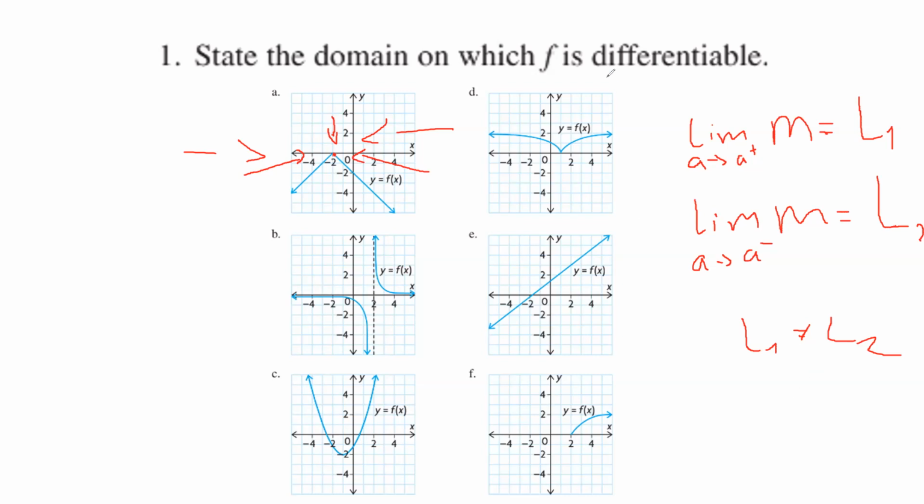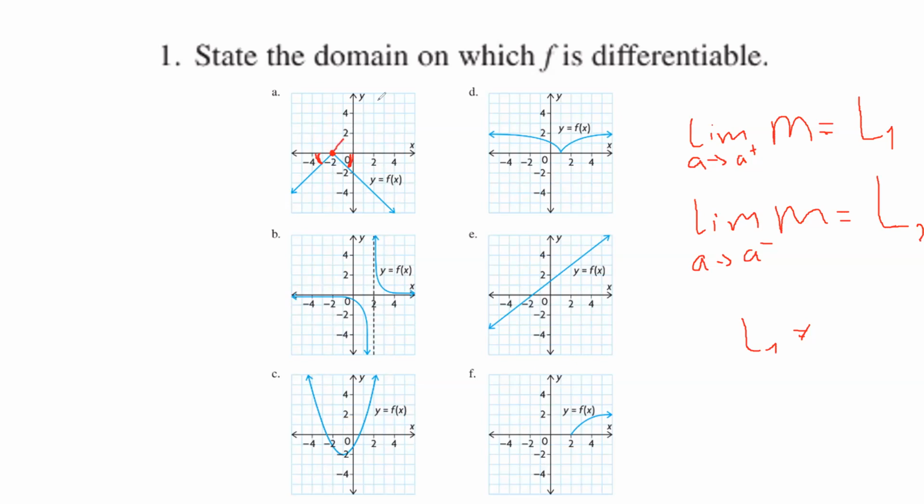The second one is not. Why is this differentiable? Because if you mark -2, then L1 and L2 would be the same. Or is it the opposite? If you just look at the angle here, it's like this, and the angle here, it's like this. You see, they're somehow different. They're not the same.